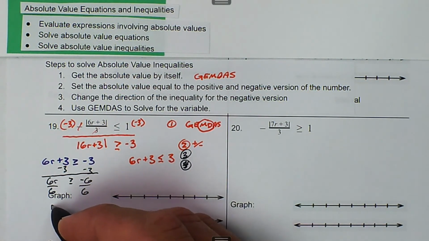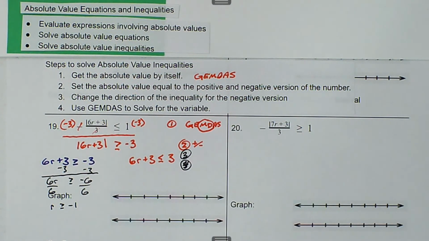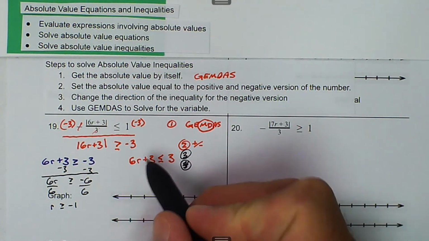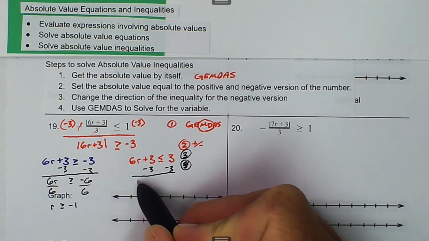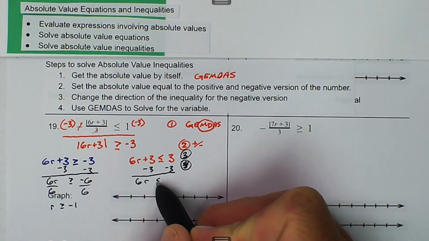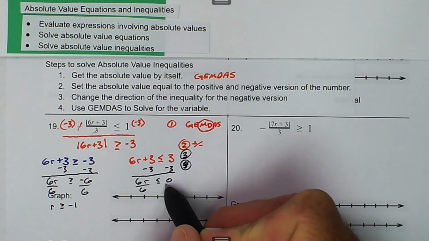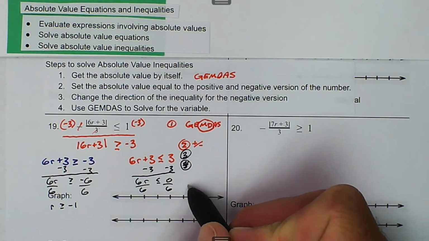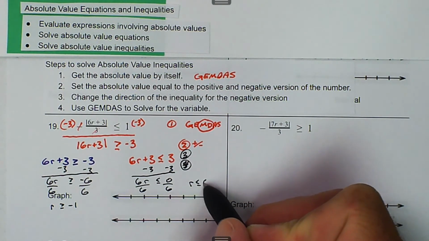And then we get r is greater than or equal to -1. Over here, we subtract 3 and subtract 3. And we get 6r is less than or equal to 0. Divide by 6, divide by 6. And we get r is less than or equal to 0.